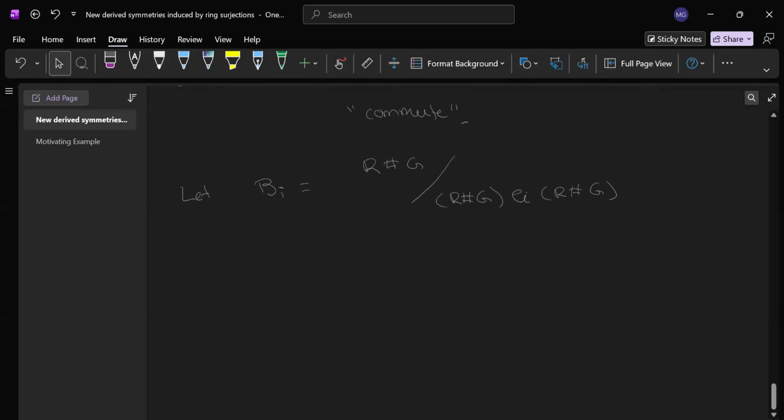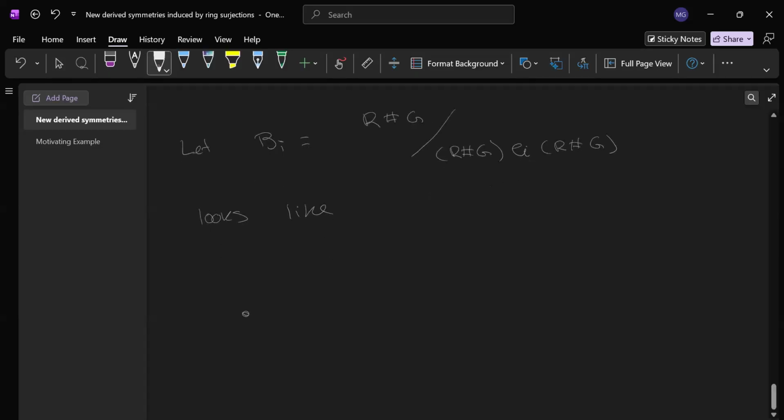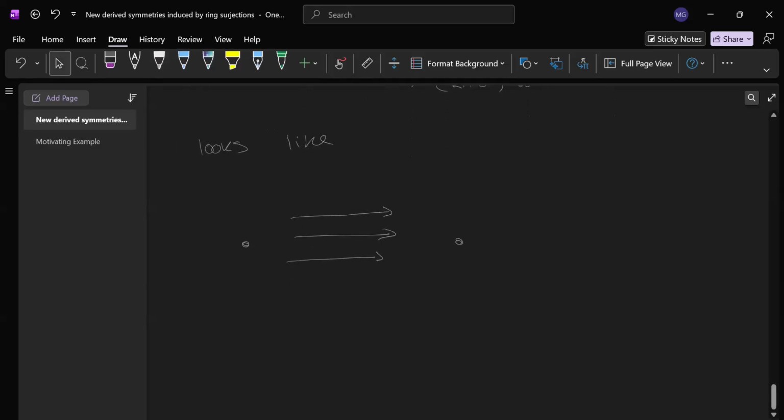Then this algebra looks like the path algebra of a quiver with 2 vertices and 3 arrows, so it looks like the path algebra of the 3-Kronecker quiver. And this path algebra has finite global dimension.